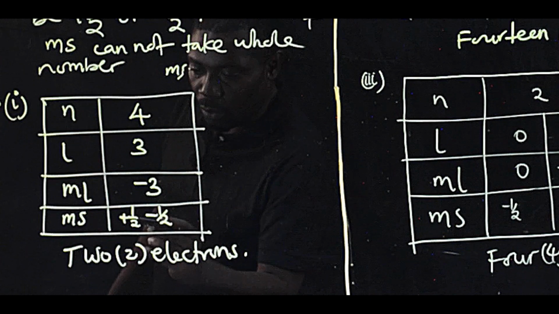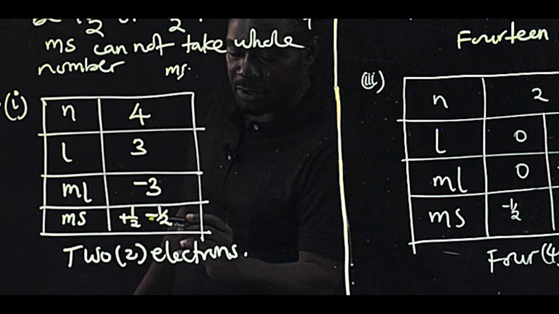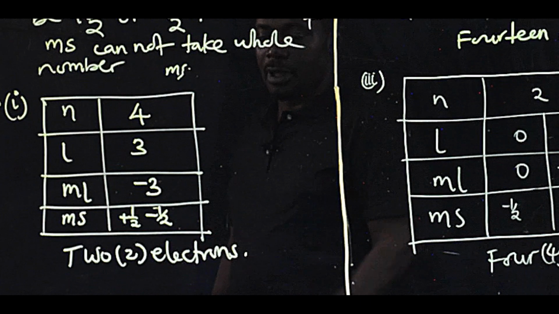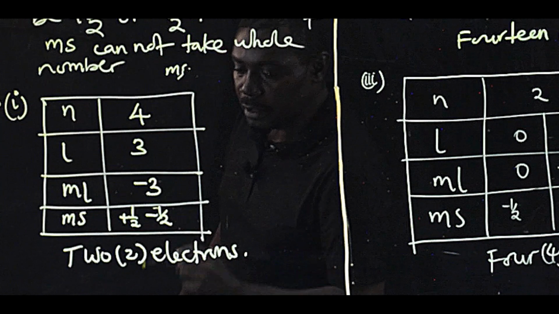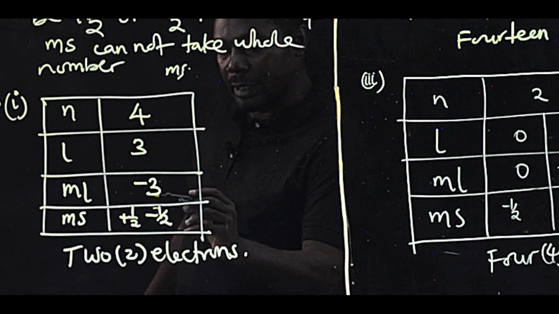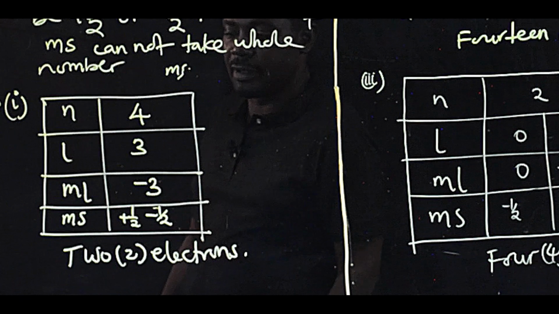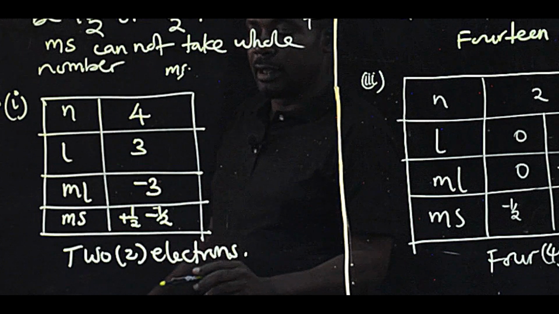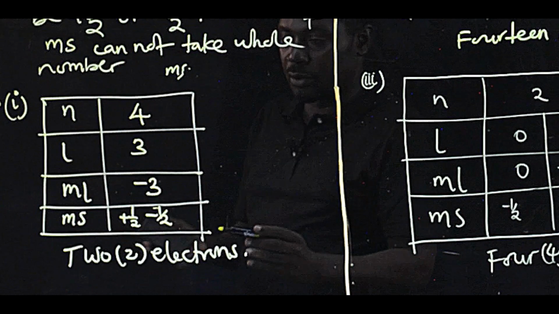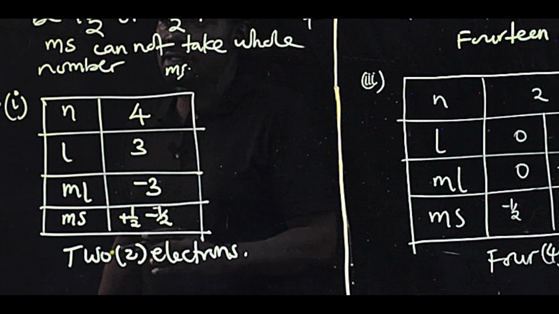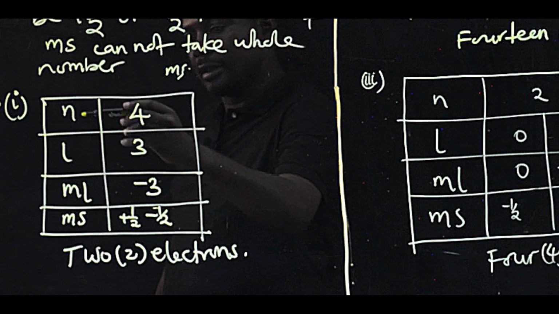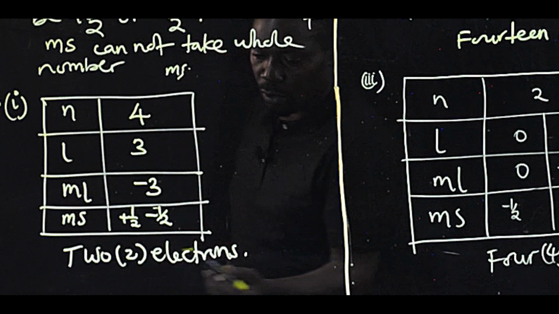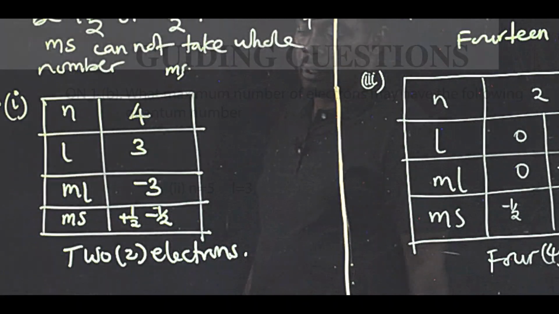Which ones? Positive half represents 1 electron, and negative half represents another electron. These 2 electrons occur in only 1 orbital, which is specified by ml equal to -3. So the total number of electrons present in the given set of quantum numbers is only 2 electrons.